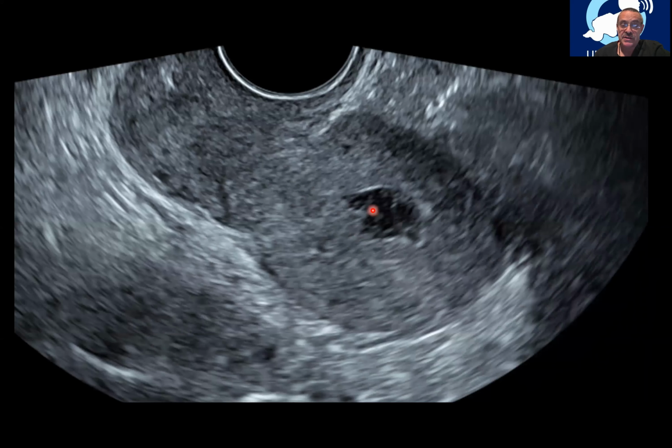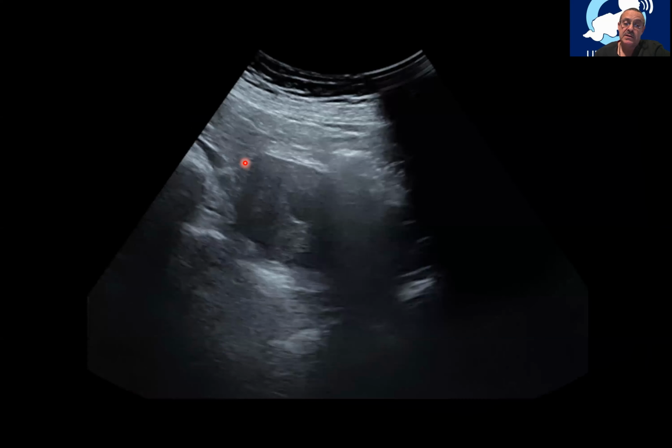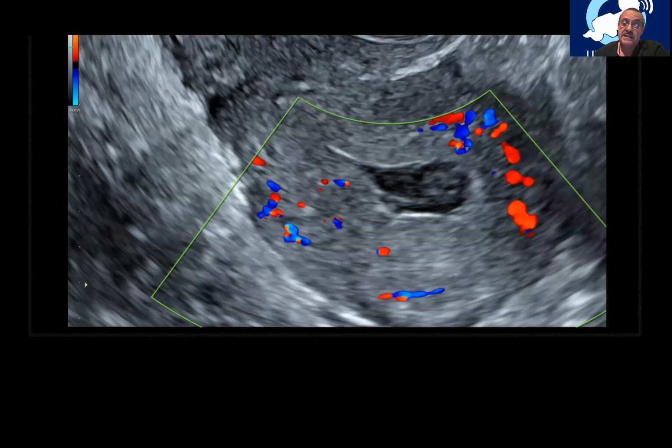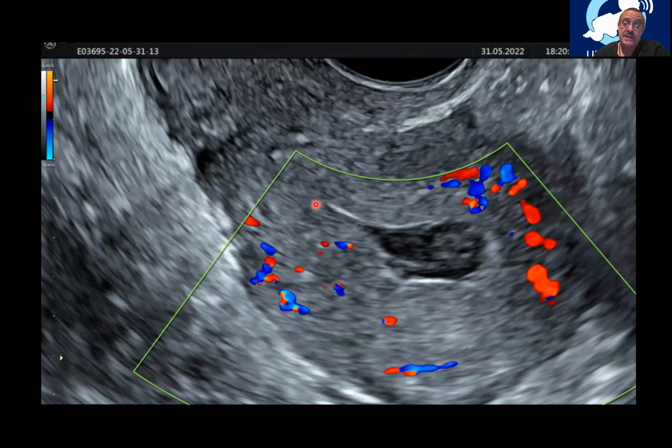This is a collection inside the endometrial cavity. The endometrial lining is all the way to there. This is a collection on the endometrial cavity from a transpelvic approach. This is a collection on the endometrial cavity from the transvaginal approach.